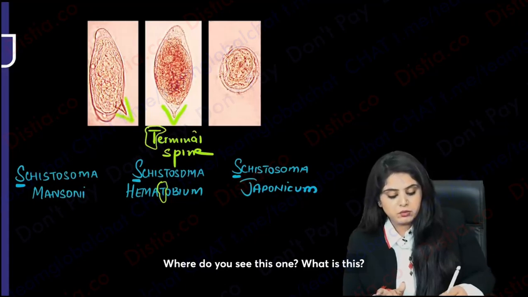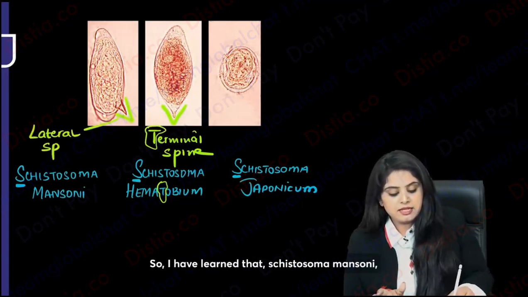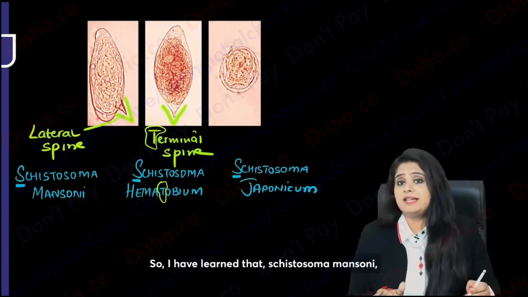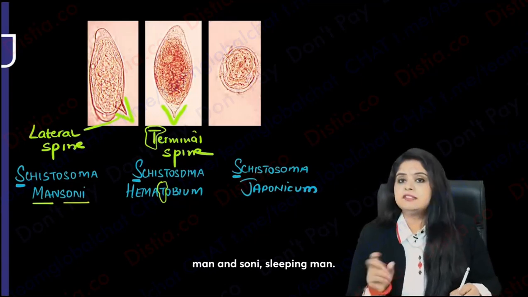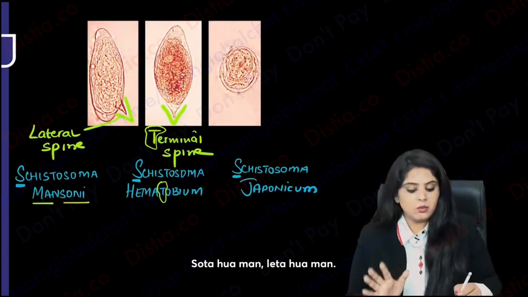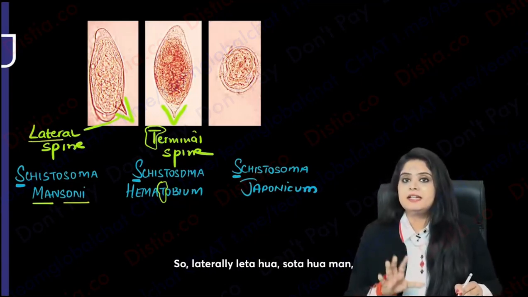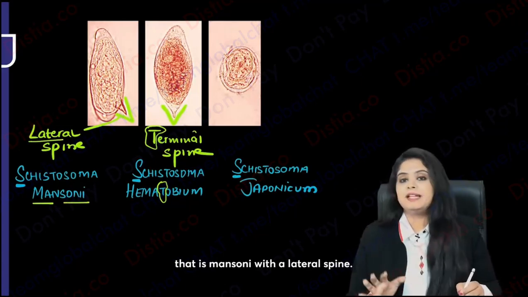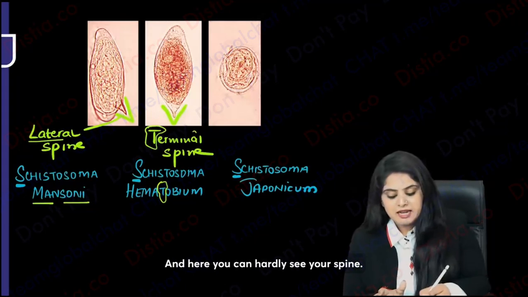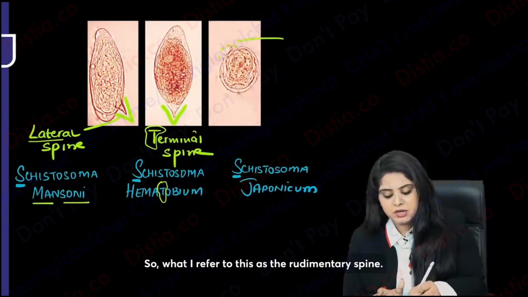Where do you see this one? What is this? This is the lateral spine on the side. So I have learned that Schistosoma mansoni, man and soni, sleeping man, lying man. So laterally, lying man, that is mansoni with a lateral spine. And here you can hardly see a spine, so I refer to this as the rudimentary spine.